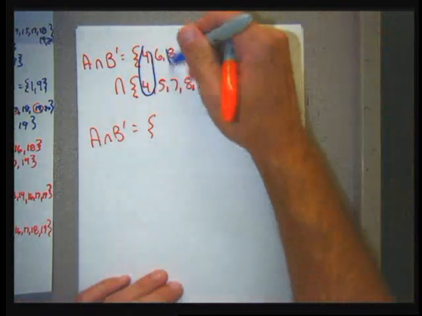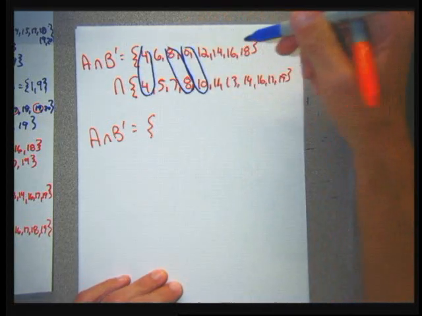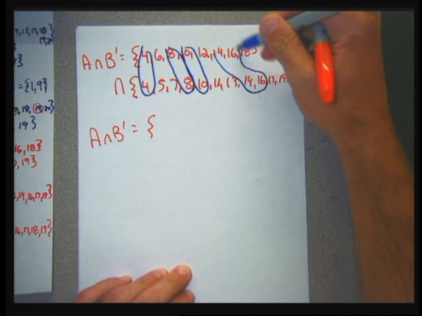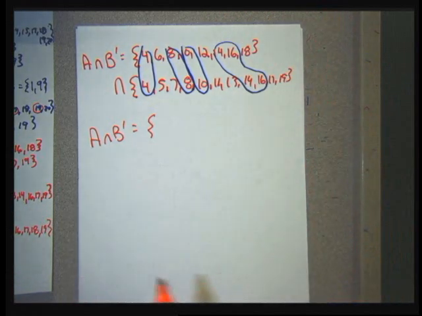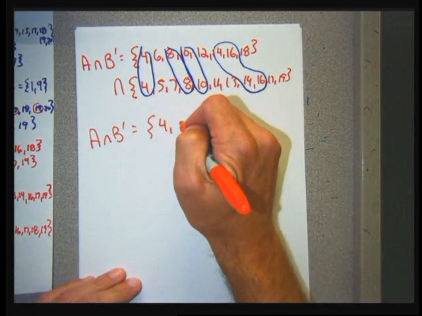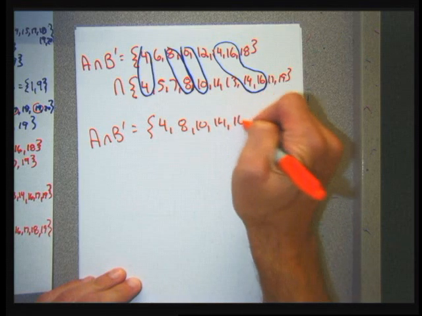They both have the number 8. They both have the number 10. They both have 14 and 16. I think that's all they have in common. So A intersection B prime is going to be 4, 8, 10, 14, and 16.